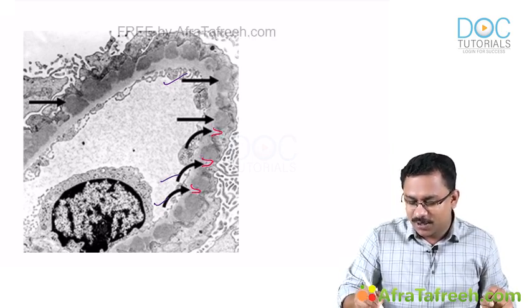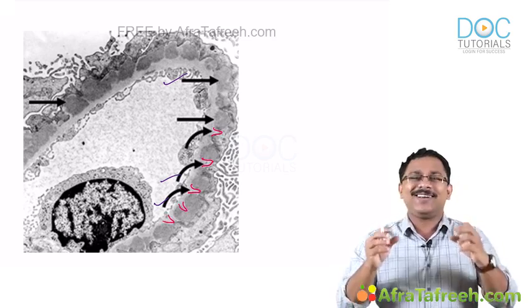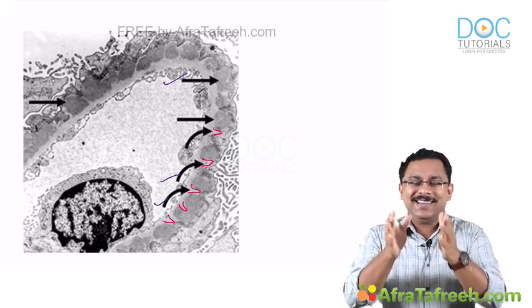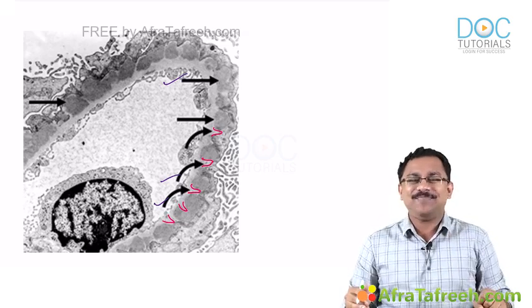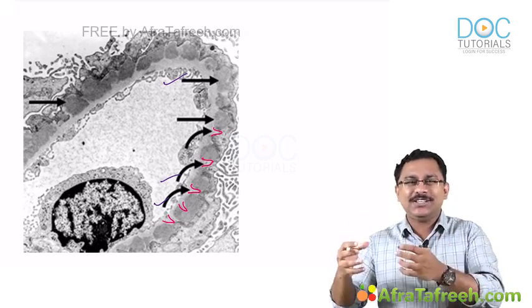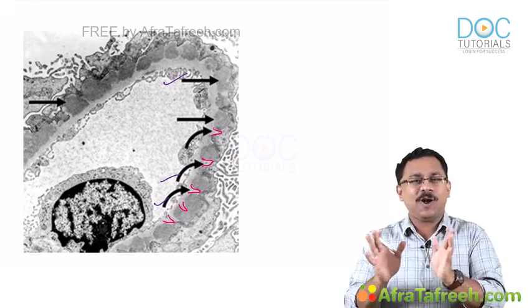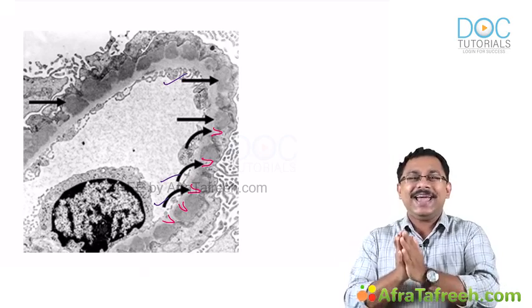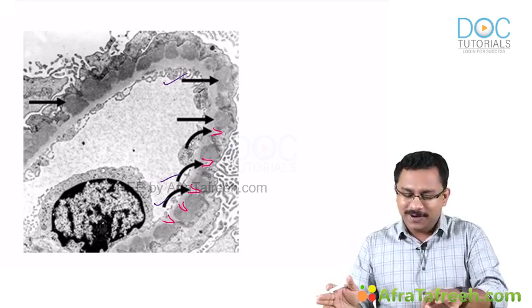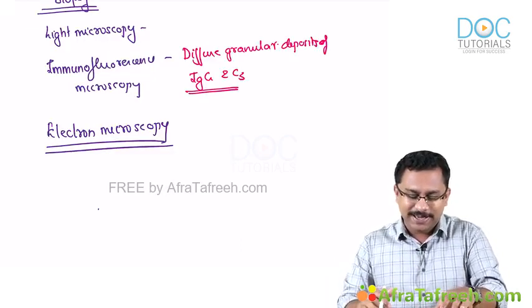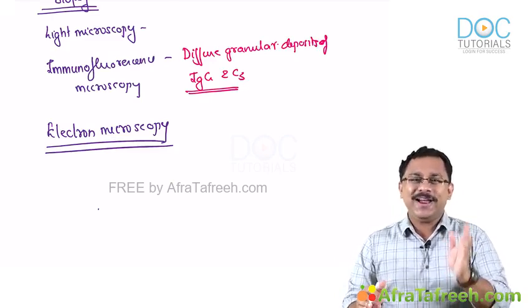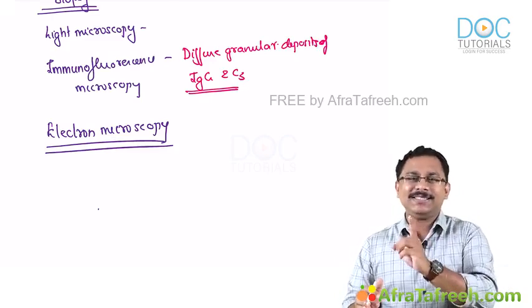In between the immune complexes you can have these spikes of your basement membrane projecting in between, especially in stage 2 of membranous nephropathy. That is what you are going to appreciate in electron microscopy. So you are clear with the biopsy findings in membranous nephropathy.